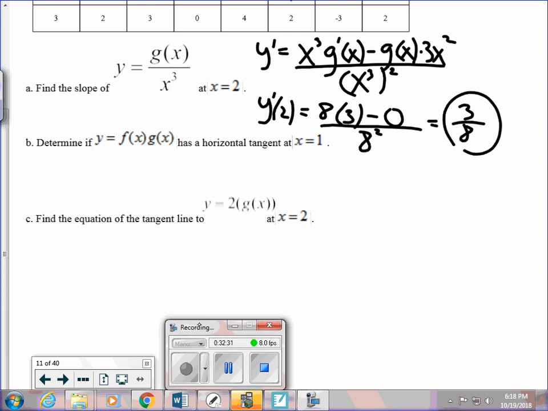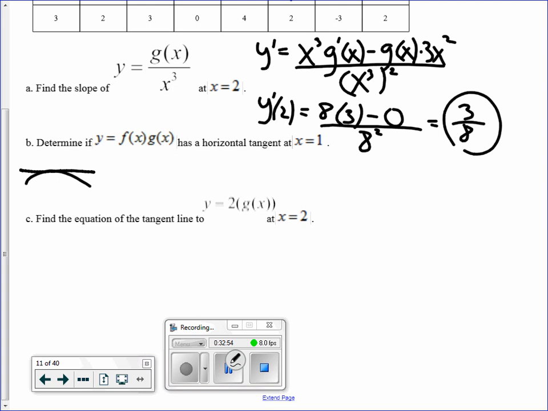Okay, for B, determine if f of x times g of x has a horizontal tangent at 1. You can tell if a function has a horizontal tangent somewhere if, when you plug that number into the derivative, you get 0. A function has a horizontal tangent if the slope of the tangent there, the derivative, is 0.